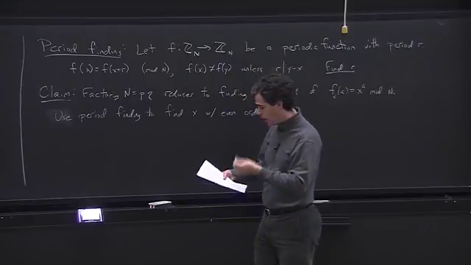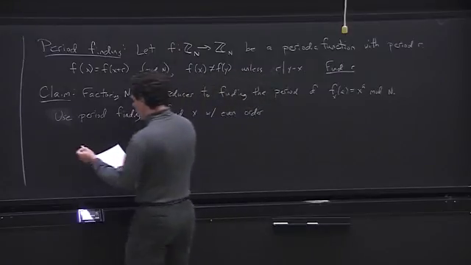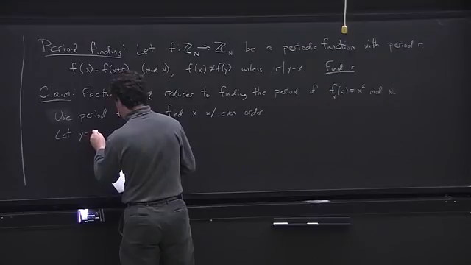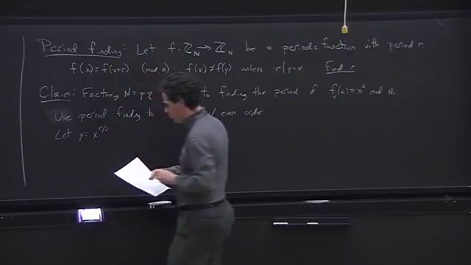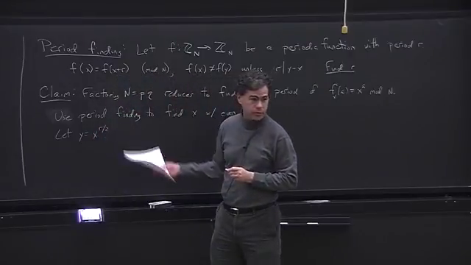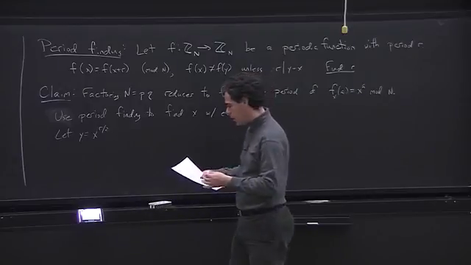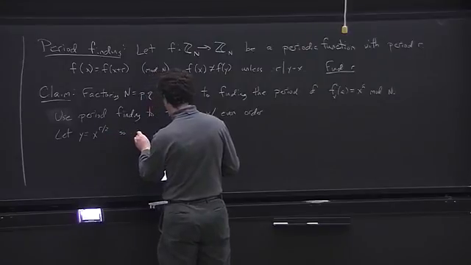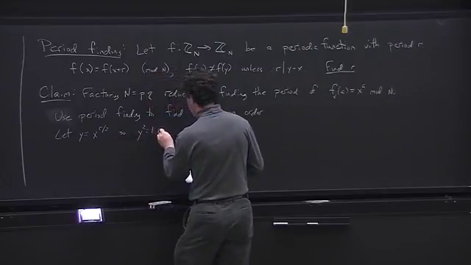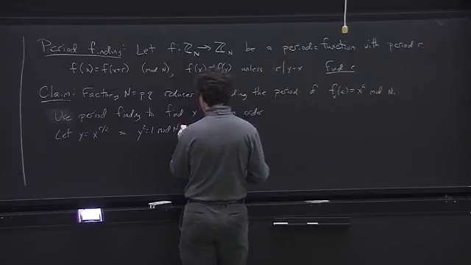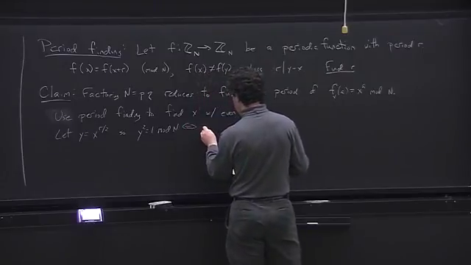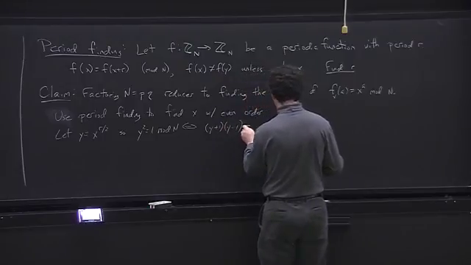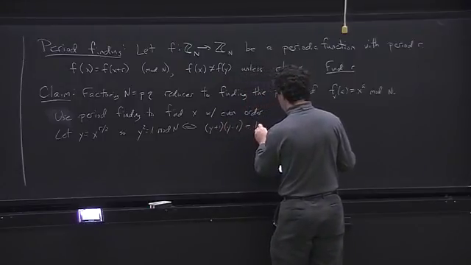Once we have an x with even order, we'll let y equal x to the r over 2, because that's well defined when r is even. That means that y squared is equal to 1 mod n, which in turn is equivalent to saying that y plus 1 times y minus 1, so y squared minus 1, is equal to some multiple of n.